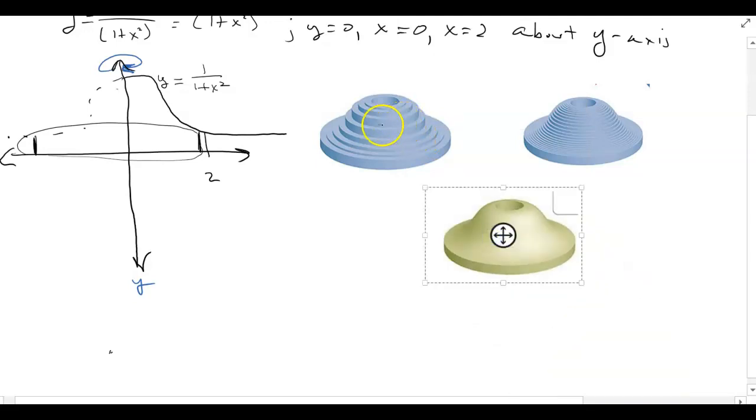So you can see the individual shells. These shells are almost like hollowed out cylinders. Each individual shell is a hollow cylinder.